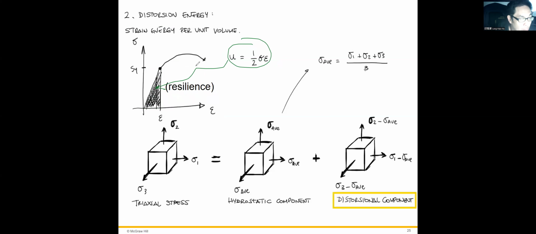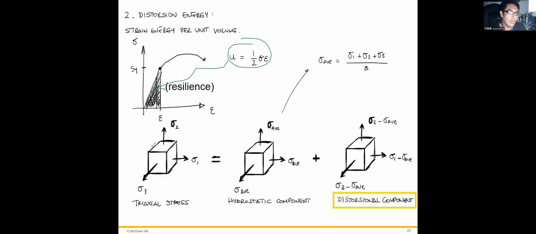So we have this idea of the strain energy per unit volume. Suppose we have a 3D element under multiple stresses. It can be torsion, compression, bending, buckling, whatever.